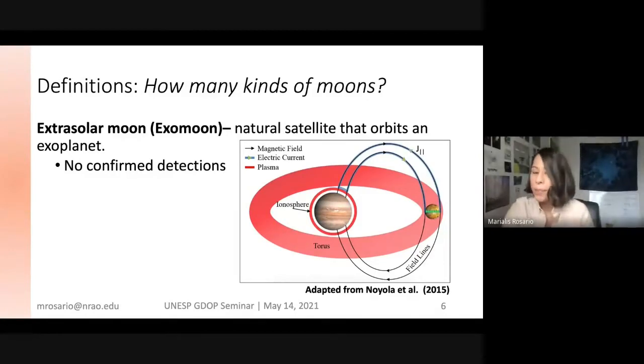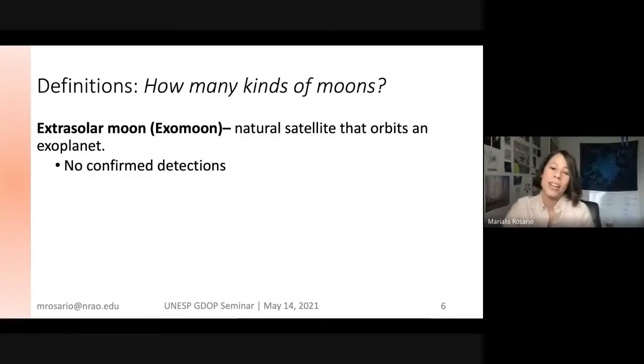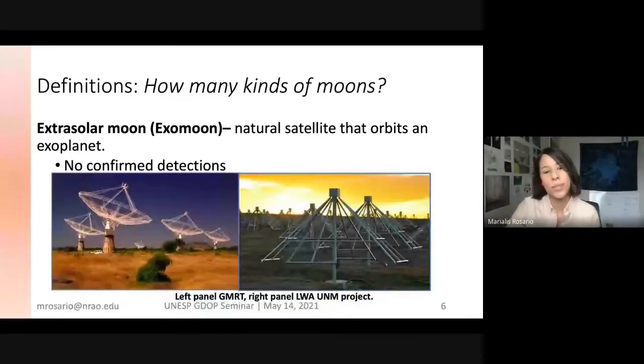Following up with what he had proposed, I am currently conducting exomoon searches with 2 different radio telescopes. We have data from the Giant Metrewave Radio Telescope in the left panel, located in India. And we have been approved for around 300 hours of observations with the Long Wavelength Array located here in New Mexico, which is the telescope you can see in the panel to the right.